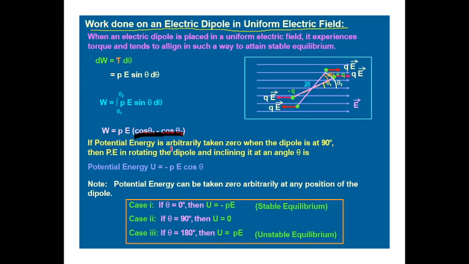If potential energy is arbitrarily taken as 0 when the dipole is at 90 degrees, meaning cos 90 is 0, then work done equals 0, or work done is the same as potential energy.